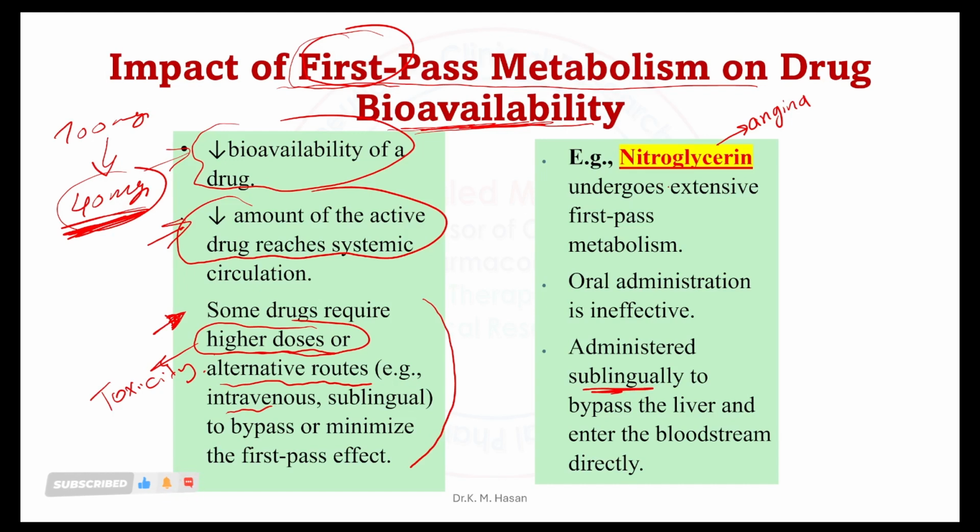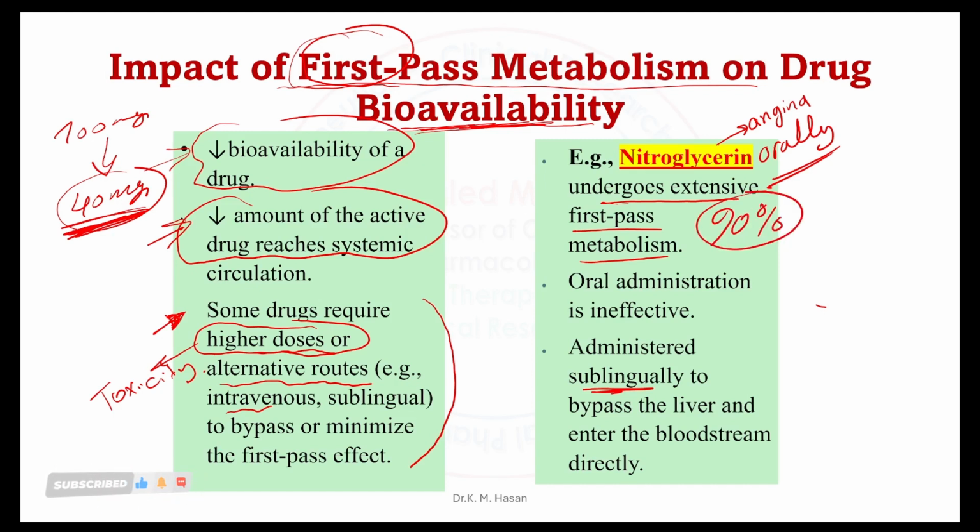So what they found is that if you prescribe nitroglycerin orally, it will undergo extensive first pass metabolism. 90% of nitroglycerin will be destroyed in the first pass metabolism.